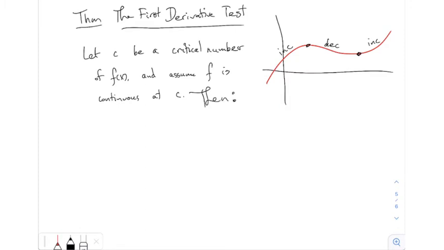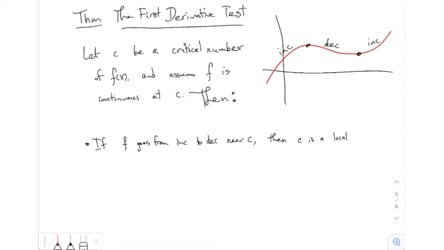Then it says, and the meaning is very intuitive, although there's not a very short way to say it: if f goes from increasing to decreasing near C, then C is a local, I'll fill in the blank here, local minimum or local maximum.